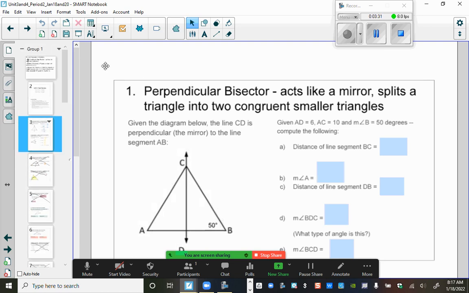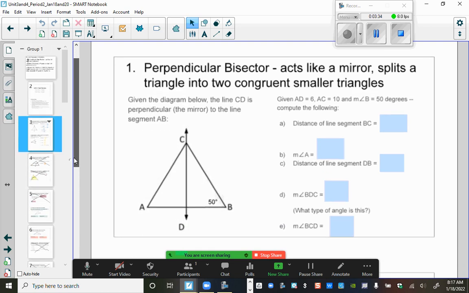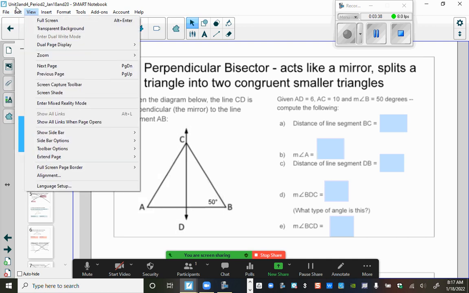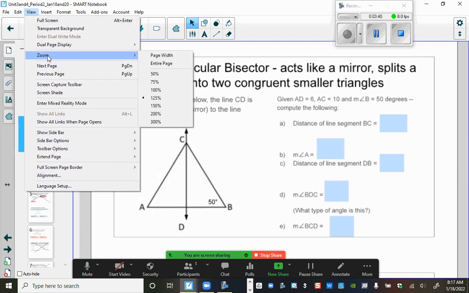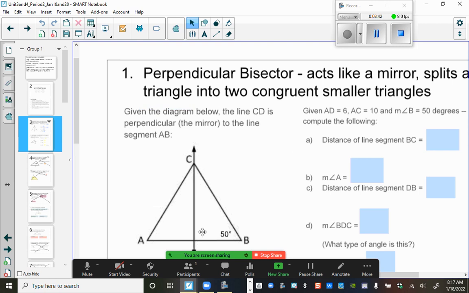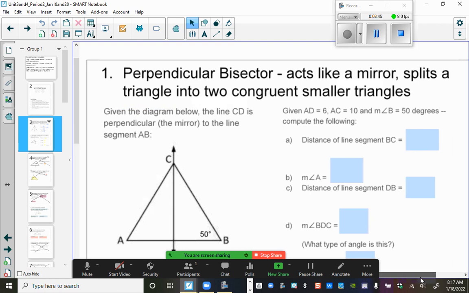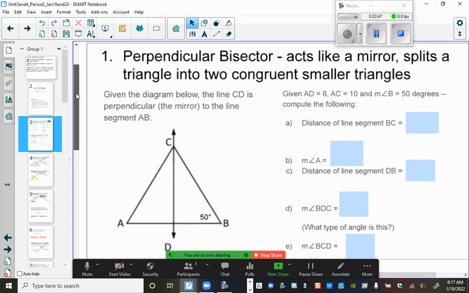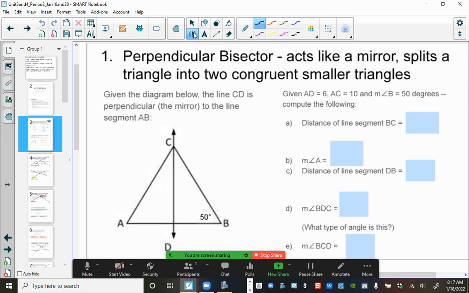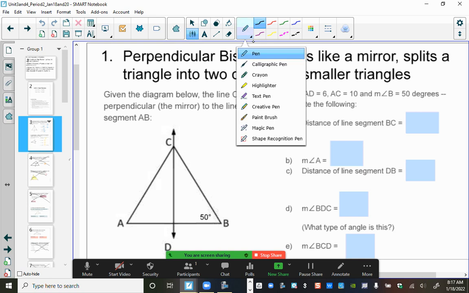Okay, first thing we want to talk about, perpendicular bisector. Let's see if I can make this a little bit larger. One of the first things I told everybody, perpendicular bisector acts like a mirror. Splits your triangle, in this case, into two smaller triangles.